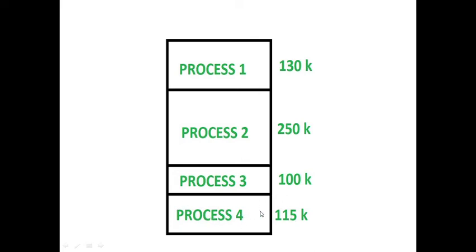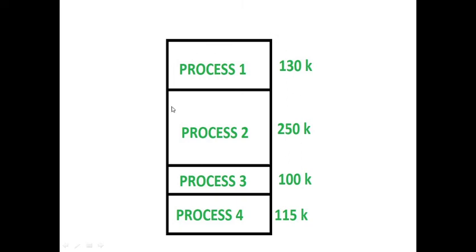Let us say that process 4 is not there. So till here memory is full for process 1, process 2, process 3. The memory also has only limited space. It is not like unlimited or undefined space will be given.